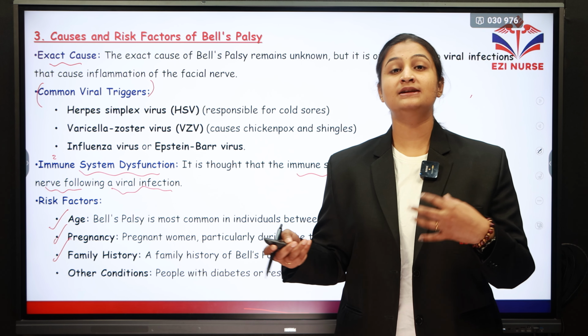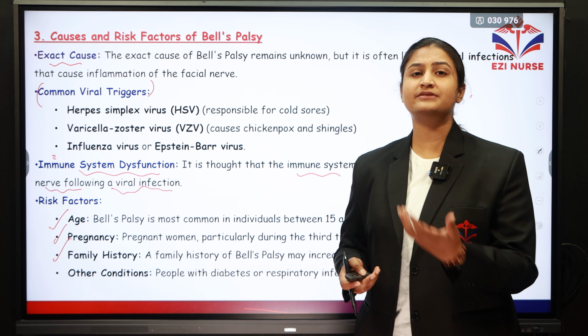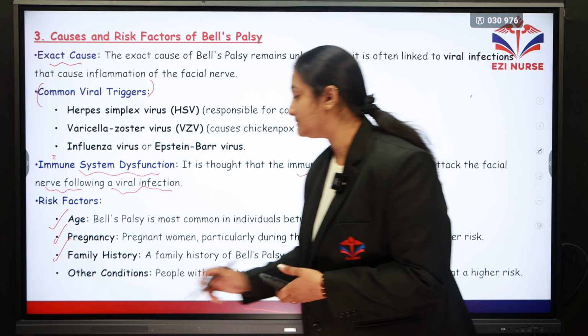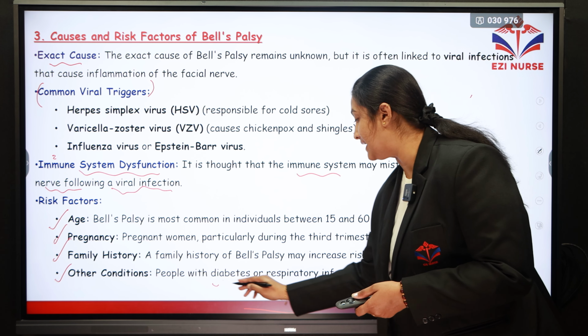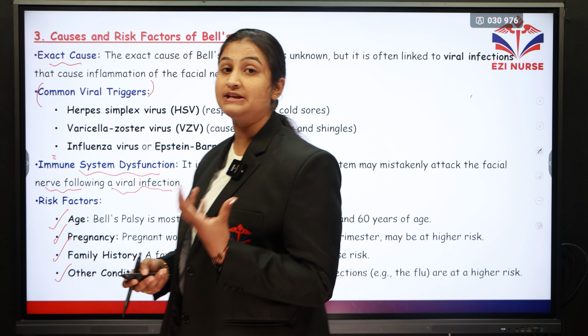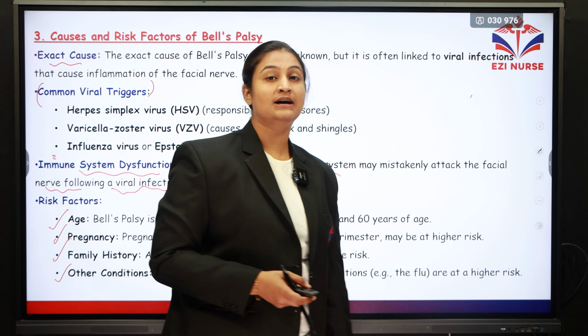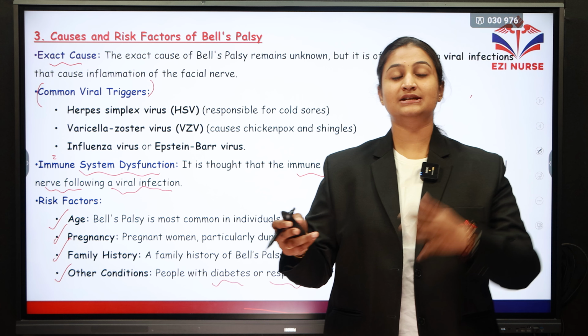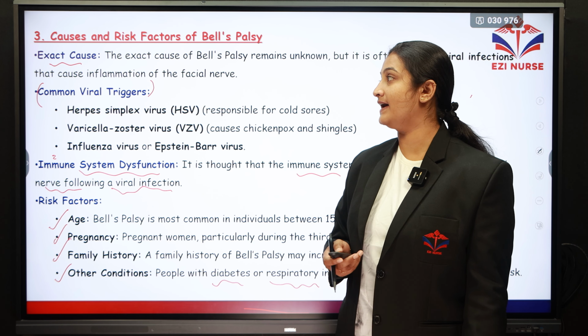One person gets affected, and others can too. It can be a genetic factor also. Other conditions are people with diabetes, and respiratory infections, for example flu. They are also at high risk. So these are the causes and risk factors.